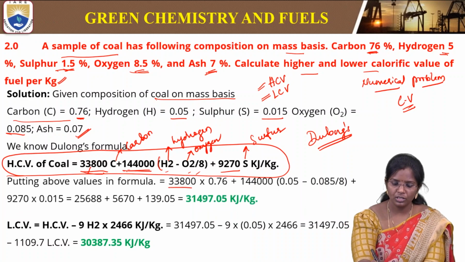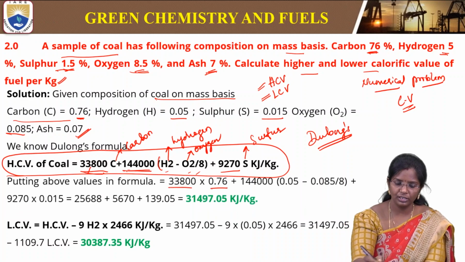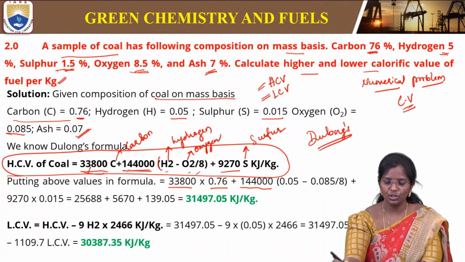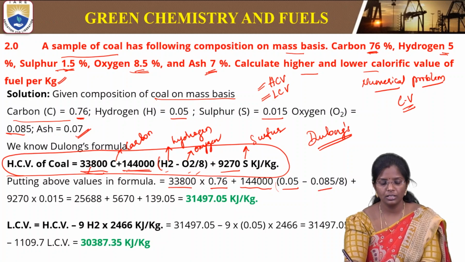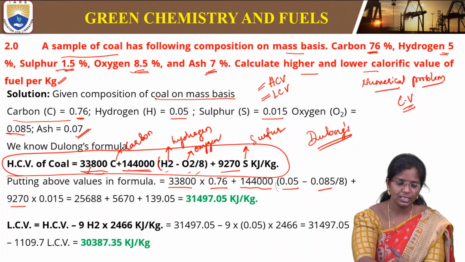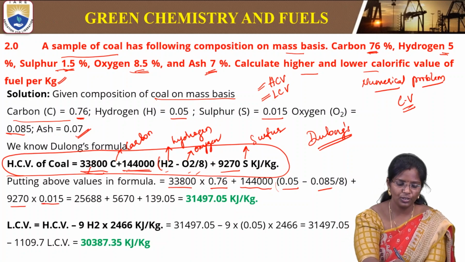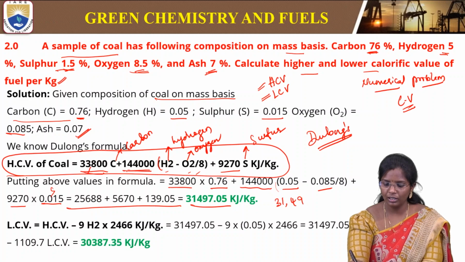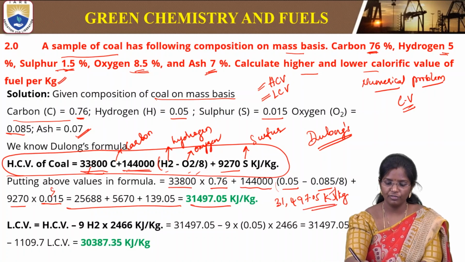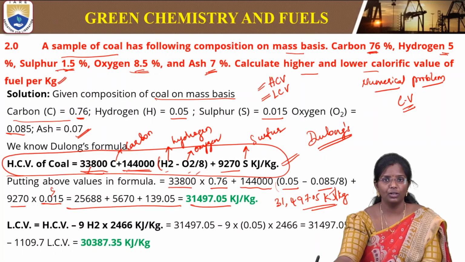So 33,800 into 0.76 for the carbon, and 144,000 into hydrogen is 0.05 minus oxygen is 0.085 divided by 8, plus 9270 into 0.015. This is for the sulfur. So after simplification we get 31,497.05 kilojoules per kg. Whenever they are asking for kg, we have to use this formula and substitute the values accordingly.